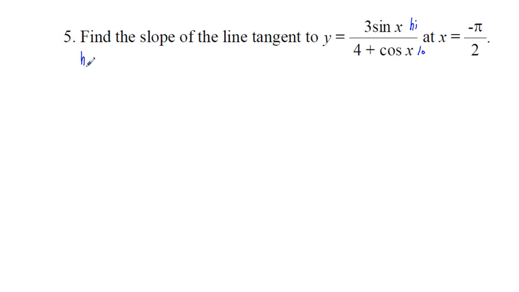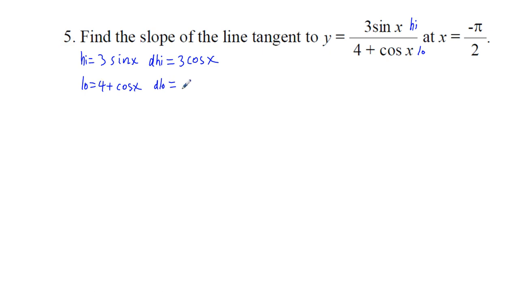Okay, high is equal to 3 sine x, and d high is going to be the derivative of high, which is going to be equal to 3 times the derivative of sine x, which is cosine x, and low is equal to 4 plus cosine x, and d low is equal to the derivative of the low.